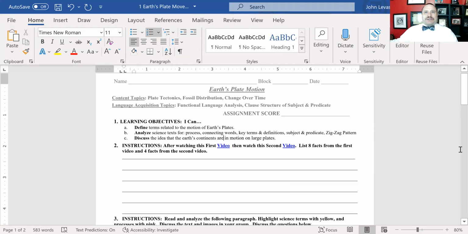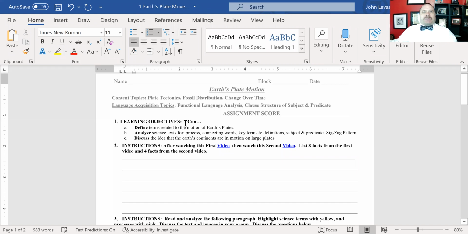All right, so this is side 1 of your assignment, and the topics are plate tectonics, or the Earth's plates, fossil distribution, and change over time. Our language acquisition topics are functional language analysis, clause structure of subject and predicate, and we'll also talk a little bit more about the zigzag pattern.